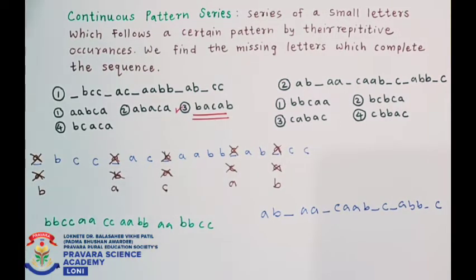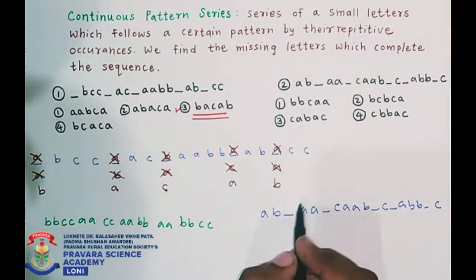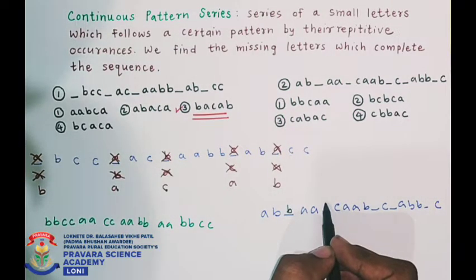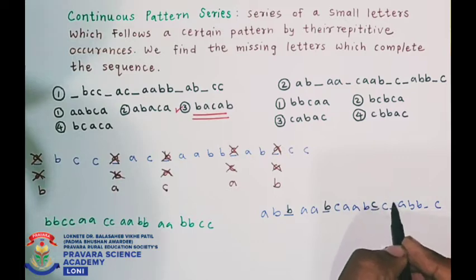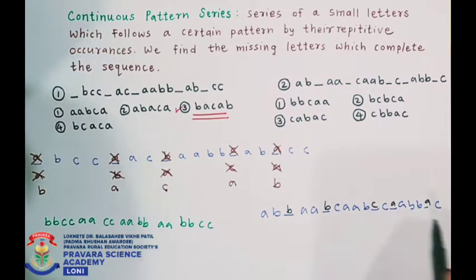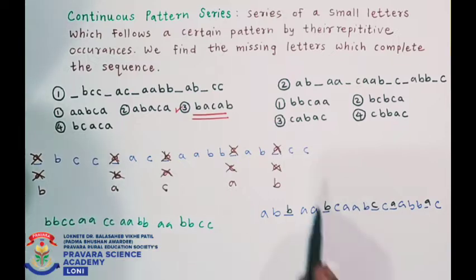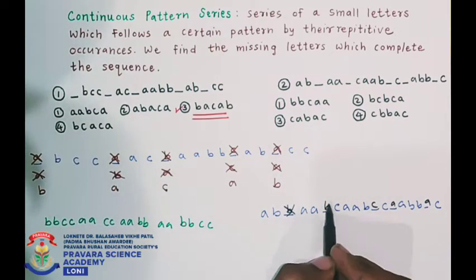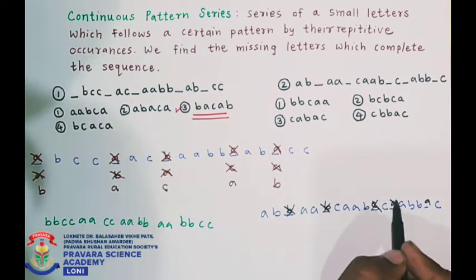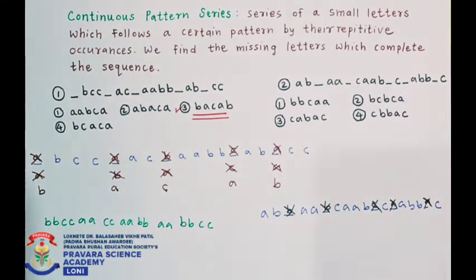First alternative: we put here B, B, C, A, A. So you can see A, B, B, A, A, B, C, A, A, B, C, C. They are not following any pattern, so our first option will not be appropriate.